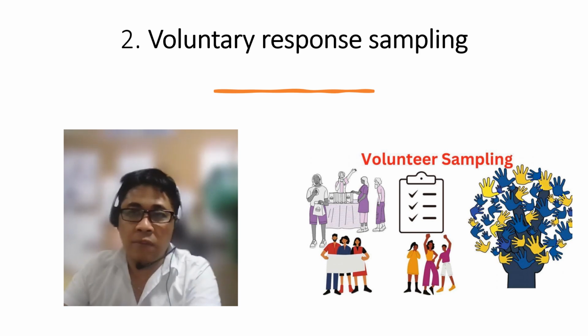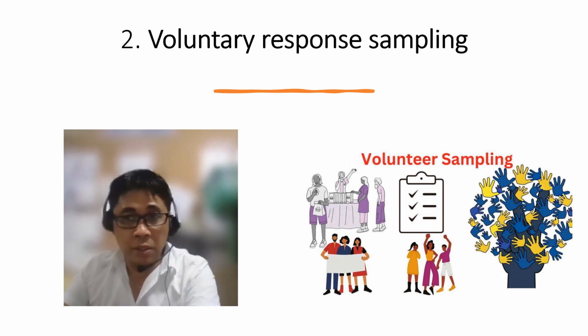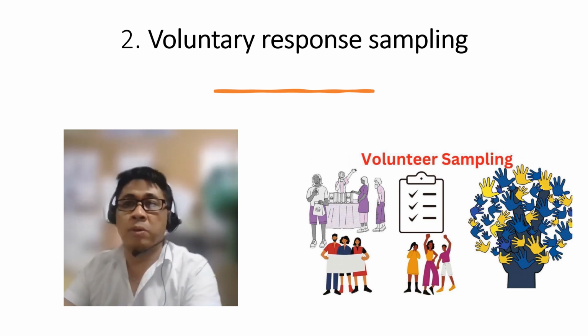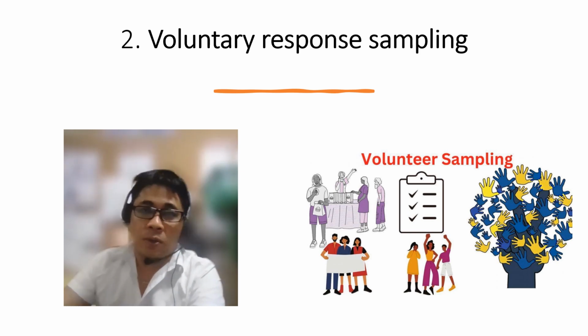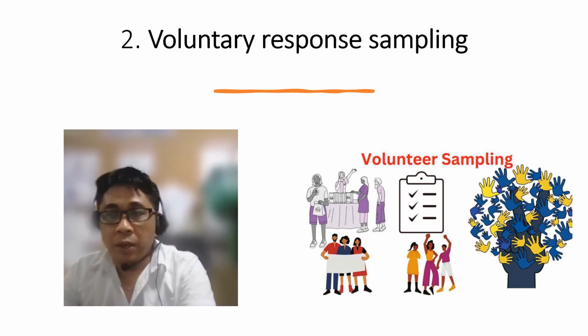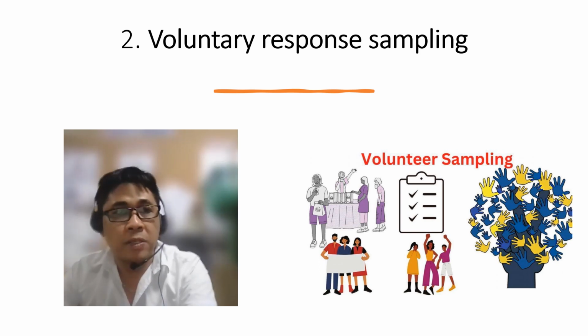This can certainly give you some insights into the topic, but the people who responded are more likely to be those who have strong opinions about the topic. So you can't be sure that their opinions are representative of all students. That is an example of voluntary response sampling.